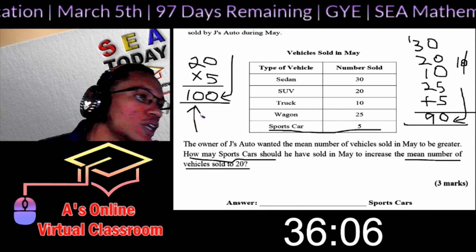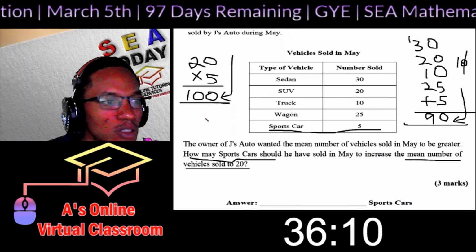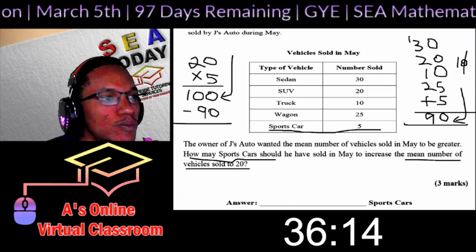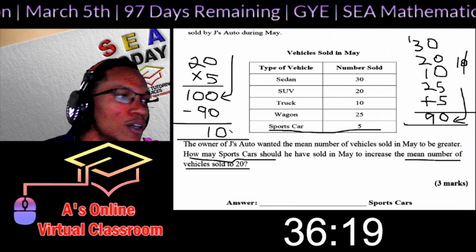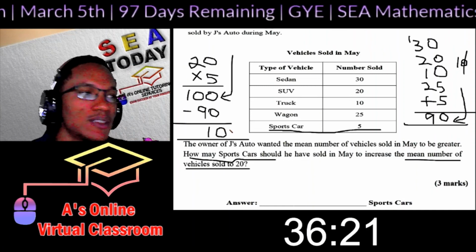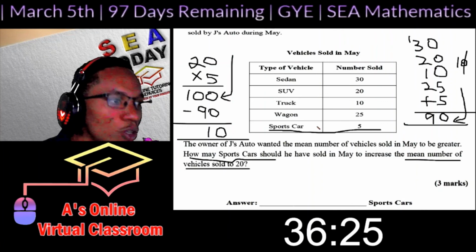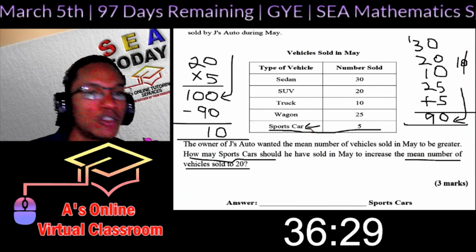So if the total cars sold right now is 90 and we want it to be 100, we have to subtract. 100 take away 90 is 10. So we need 10 more cars added to the sports car group, and that will increase our mean to 20.